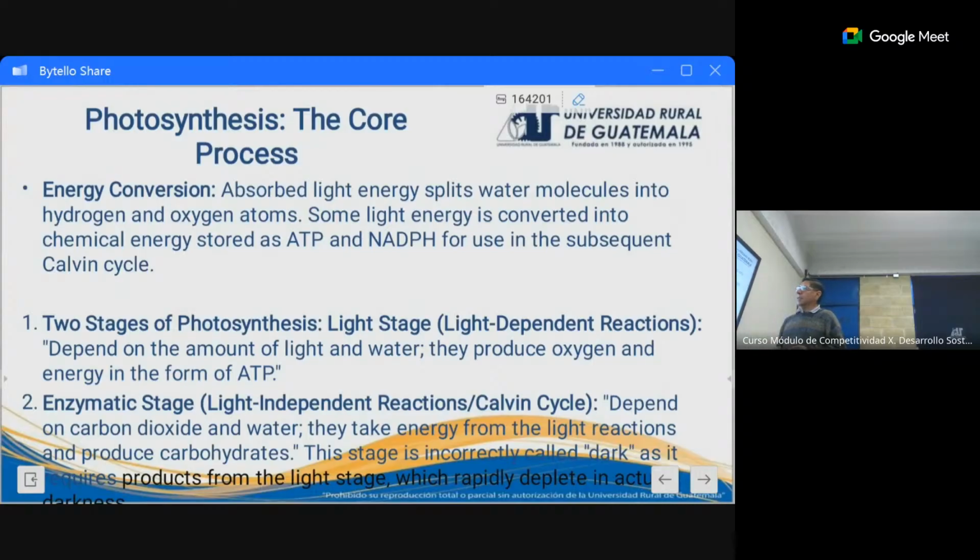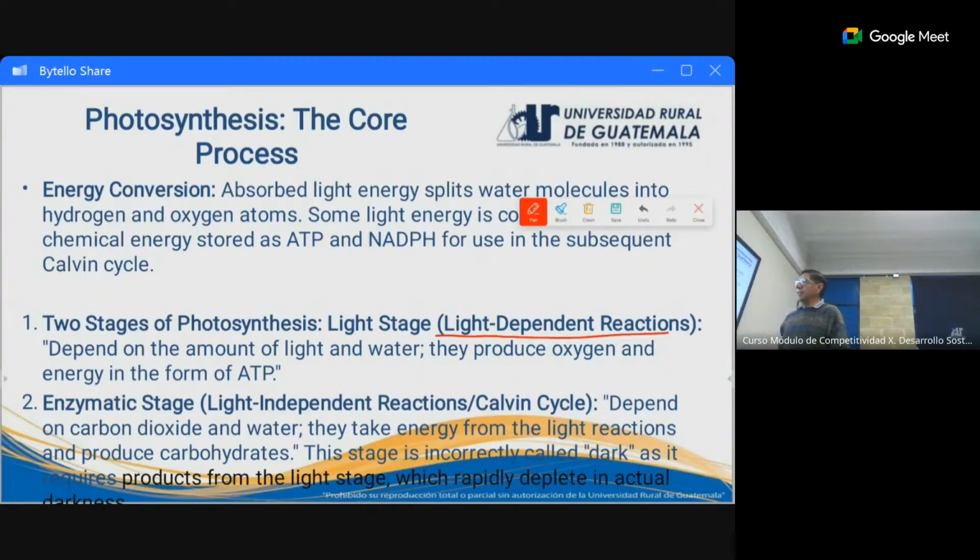As this information says, there are two stages of photosynthesis: the light stage, that is the light dependent reactions, which depend on the amount of light and water, and produce oxygen and energy in the form of ATP.